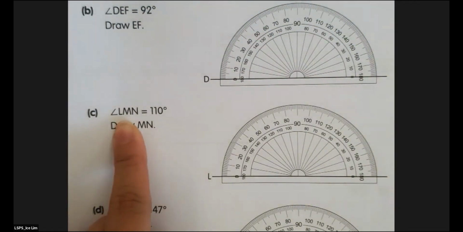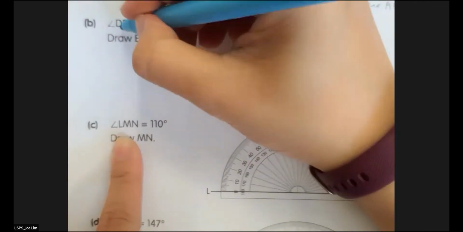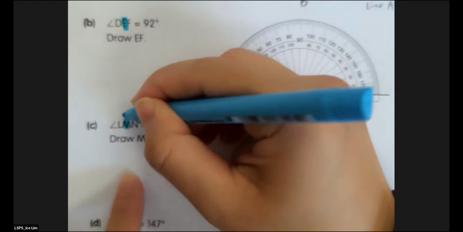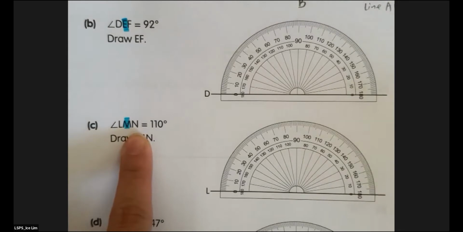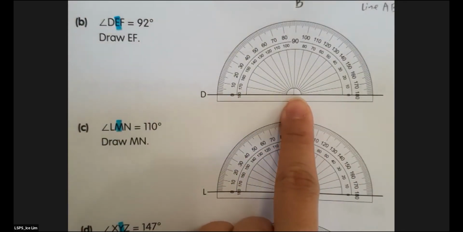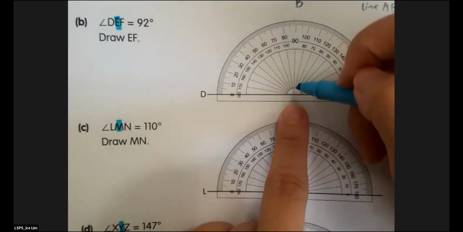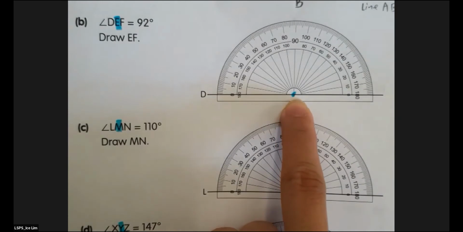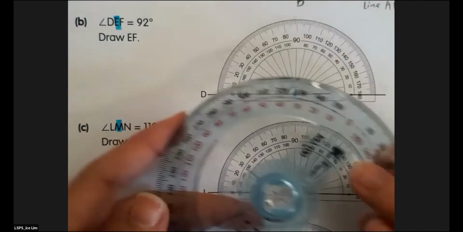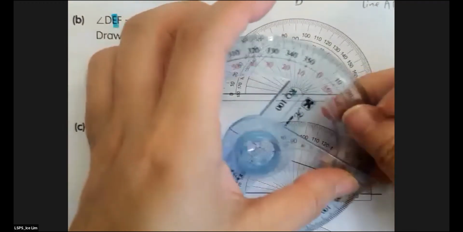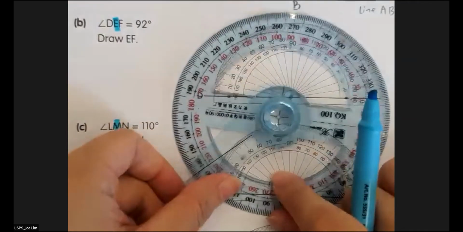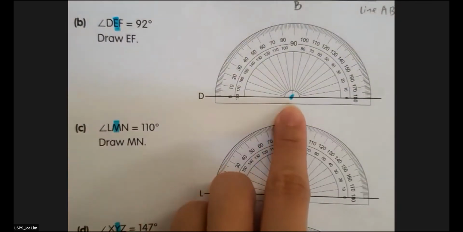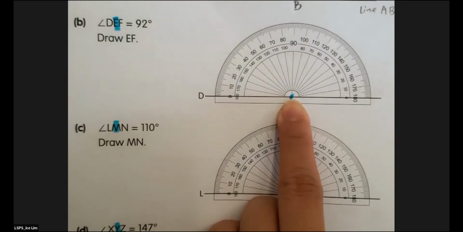Previously when we learned naming, we understood that the letter in between marks the point where the two lines meet, which is the center point of the protractor. Even if it's a full complete 360 turn, the center point is right here. Or this one, this is the center point of the protractor.